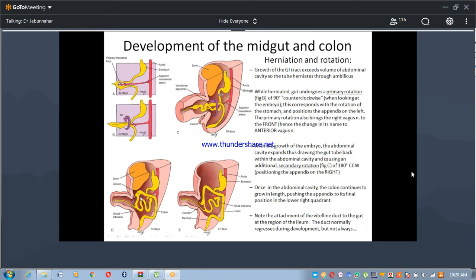The point of attachment of the appendix with the cecum comes to lie on the medial side. This is the cecum.